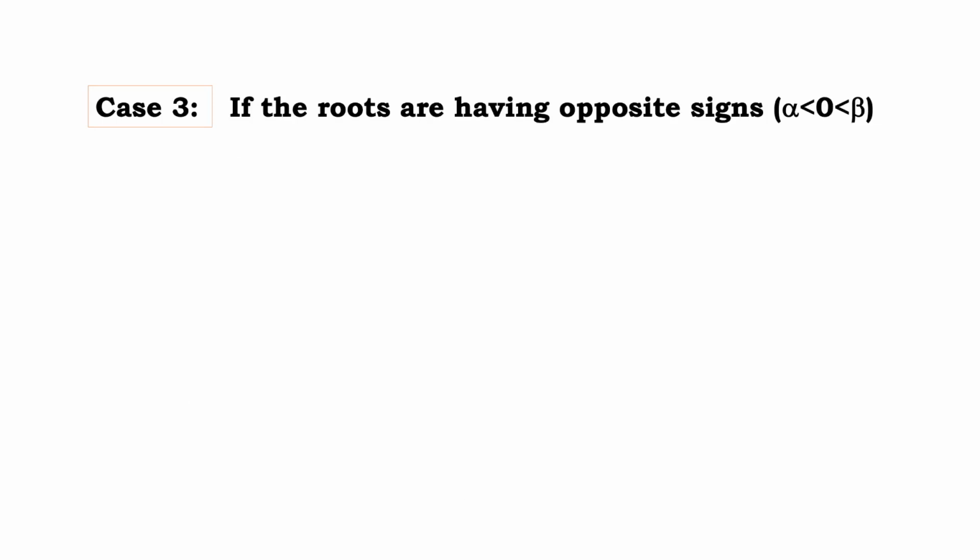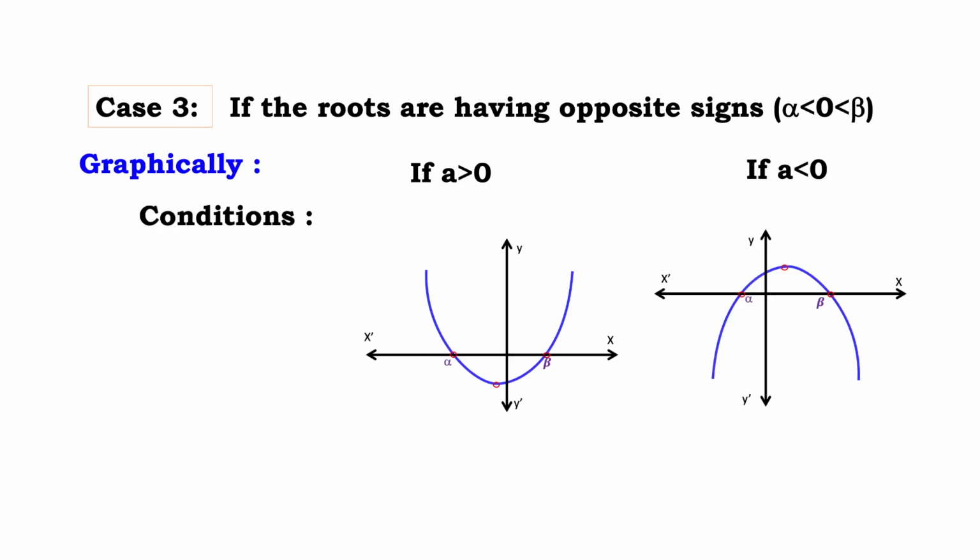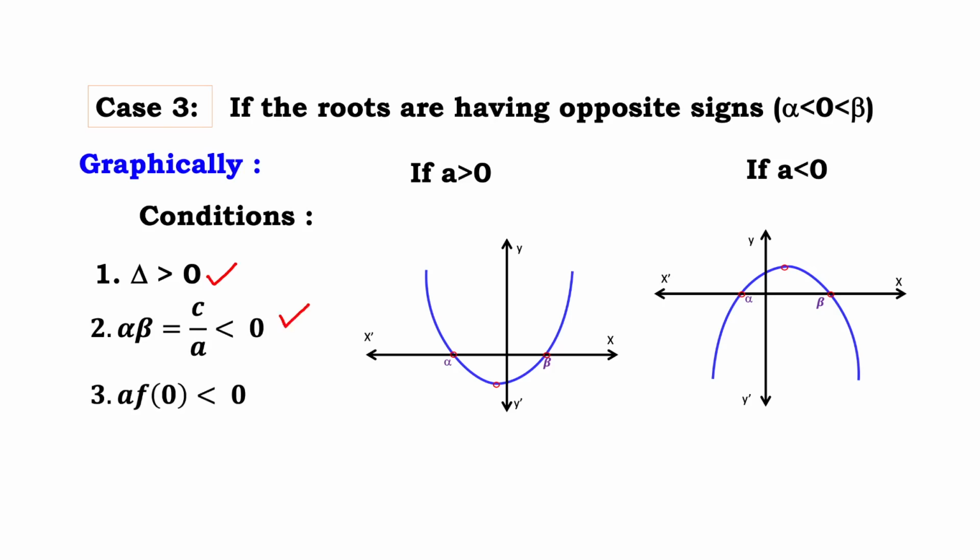If both the roots are of opposite sign, one is positive, other is negative. So obviously for greater than 0 and less than 0, we can see del greater than 0, product of the roots less than 0, one is positive, one is negative. F0, again we know that these two are the same condition, right?